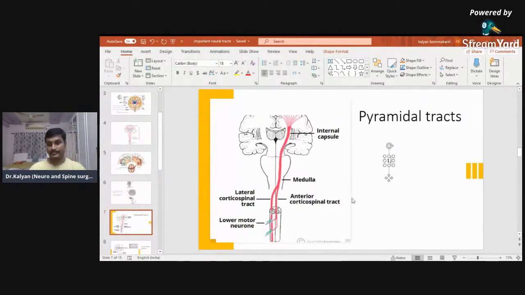Sometimes there is an interneuron. So the first question which I want you to answer is, how many orders of neurons are involved in this tract?